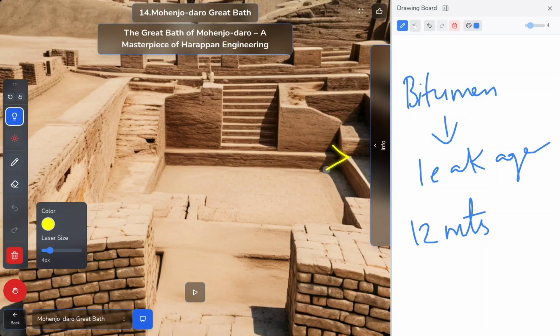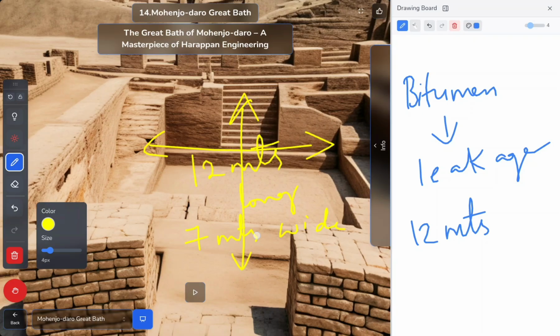From here to here, it's around 12 meters long and 7 meters wide. 7 meters wide and 12 meters long. And next, let us just see the steps. Here, can you see the steps? These are the steps. The steps on both sides allow people to enter into the water easily.